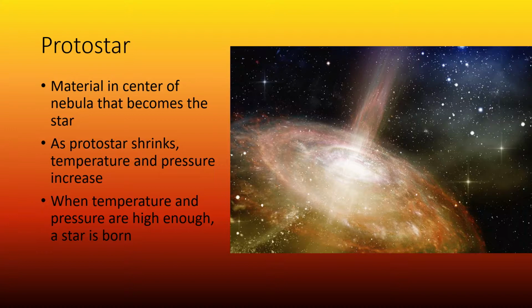We call that the protostar. As the protostar starts to shrink, our temperature and pressure are going to increase. Now it's shrinking because gravity is pulling all of that matter together. When the temperature and pressure are high enough, it is going to ignite or start fusing hydrogen into helium. At that point, our star is born.